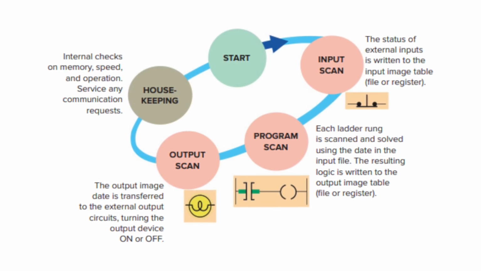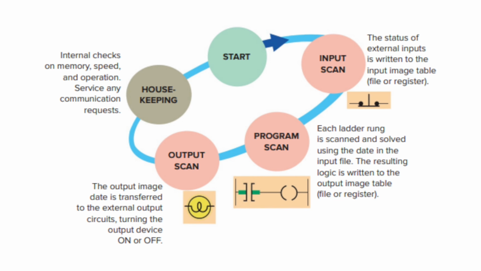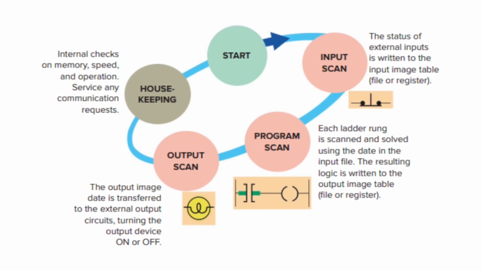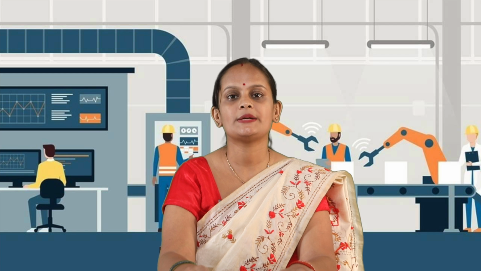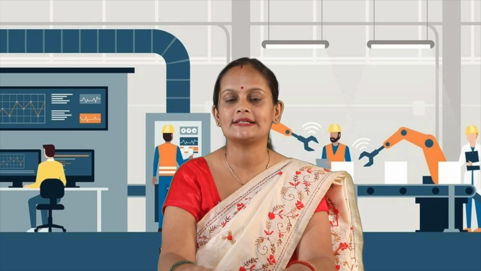The cycle repeats as long as the PLC is in run mode, which ensures constant monitoring and control operation. The time taken by the PLC to complete a scan cycle is known as the scan cycle time, which indicates how quickly the PLC controller can respond to any input change.